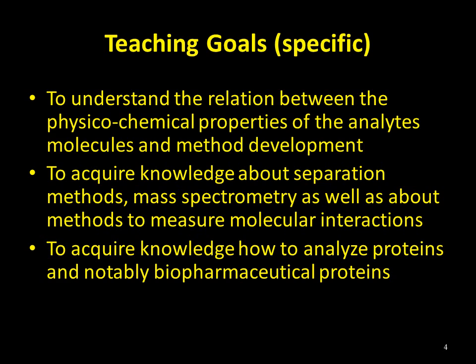We will also talk about so-called ligand binding assays. These are assays to measure molecular interactions such as immunoassays and receptor binding assays. Finally, it is important to gain knowledge about the analysis of proteins, notably biopharmaceutical proteins, the fastest expanding group of novel pharmaceuticals to date.